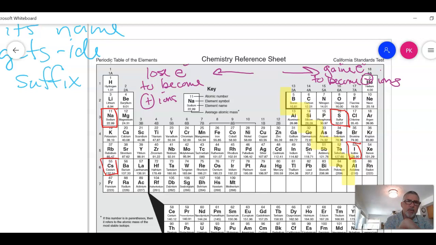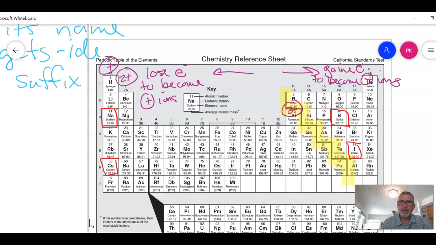It's important to remember this first group will lose 1 electron, so those become 1 positive ions. This next group, because they're in group 2, will lose 2 electrons and become 2 positive ions. Starting at aluminum here, they'll become 3 positive ions, and it really accounts for aluminum, gallium, and indium.